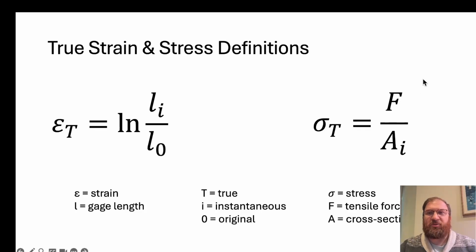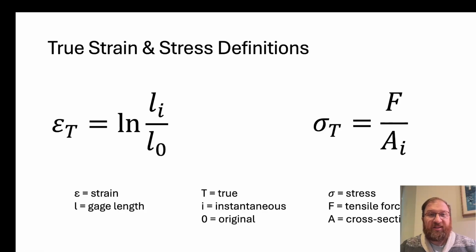And this is equal to the force over area, and this is the instantaneous cross-sectional area. So again, we're using instantaneous. If you've already plotted your engineering stress strain or already calculated these terms, the big thing you'll notice is that the differences between engineering and true are these instantaneous values here and here. So true stress and true strain rely on instantaneous values as opposed to original values.